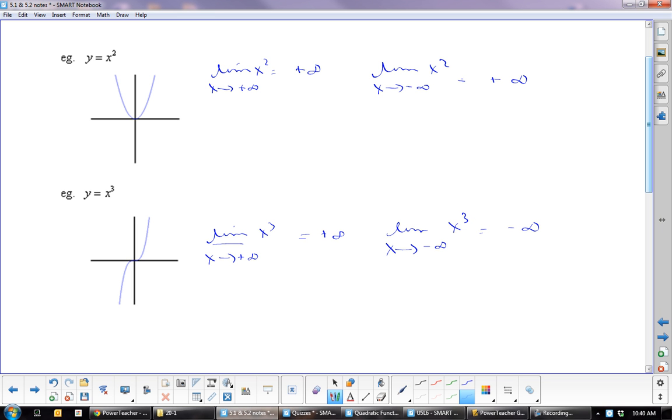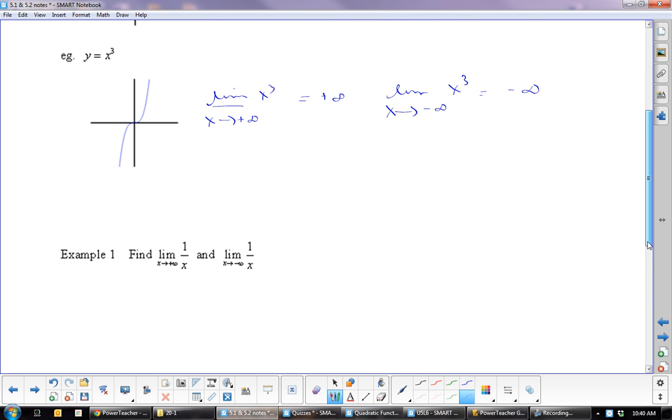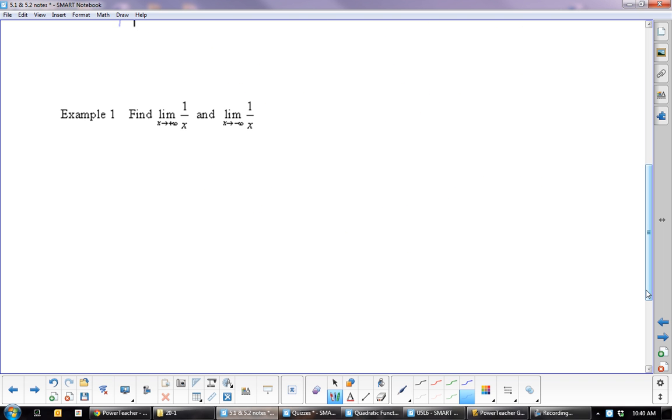So that does kind of verify, I think, that if you have knowledge of, hey, that should be a cubic, so it should start low and end high. That's good too, because my infinity statements show that. Okay, this is just an example. We'll just do this one quick.